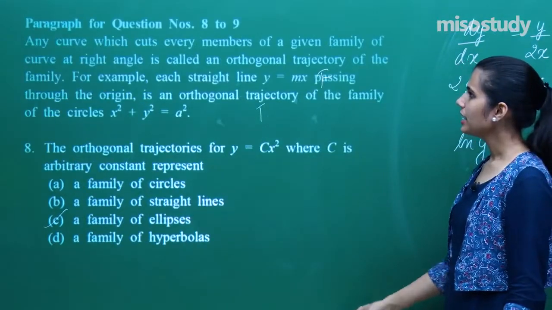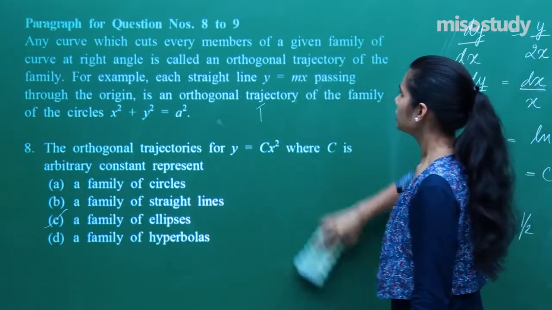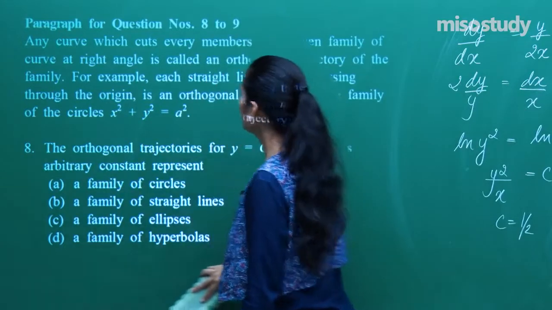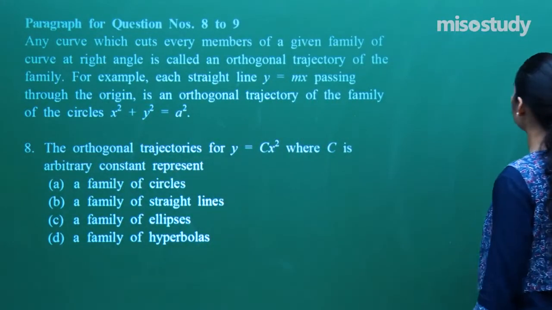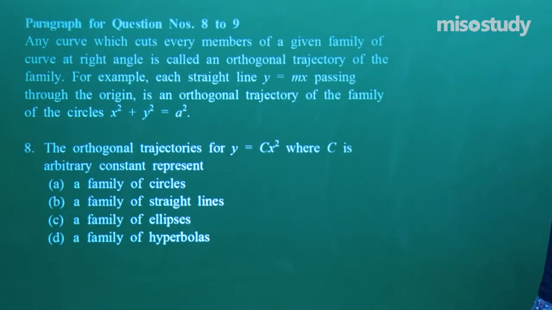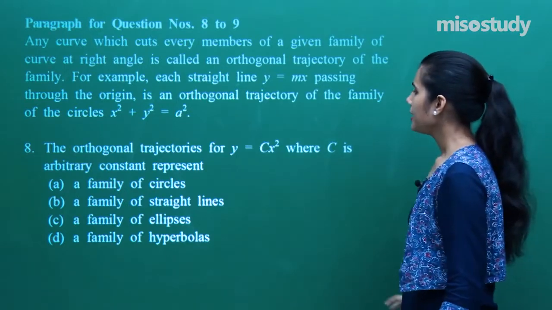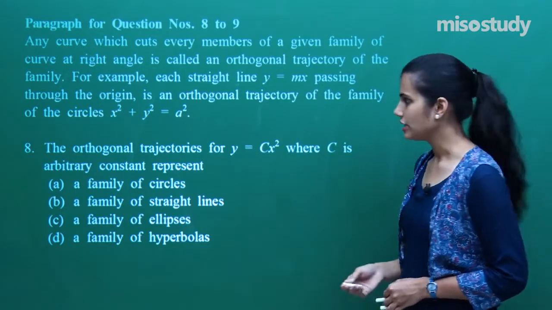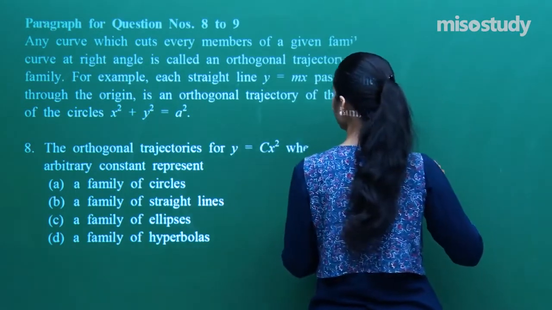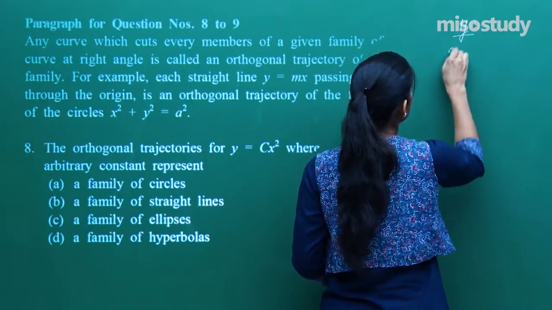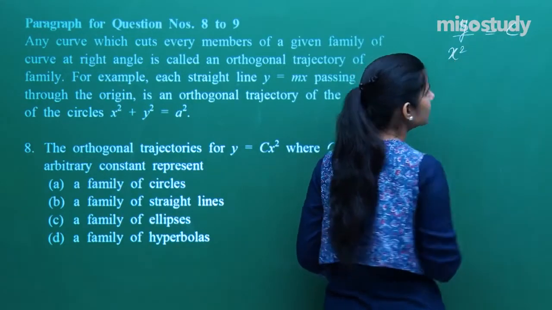Moving to the next one, we have a paragraph question. The first para is basically giving you the meaning of orthogonal trajectory, and then it is asking you to compute the orthogonal trajectory. So orthogonal trajectory for y equals cx square, I can write this as y by x square equals c.